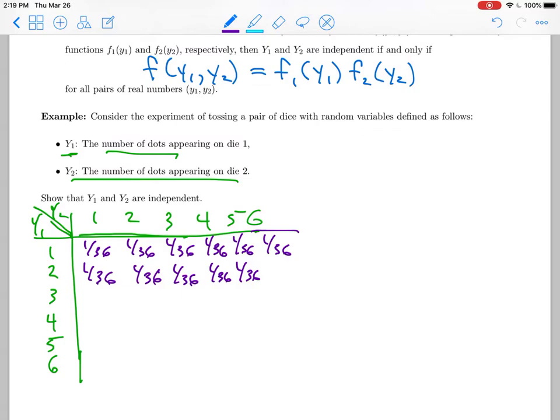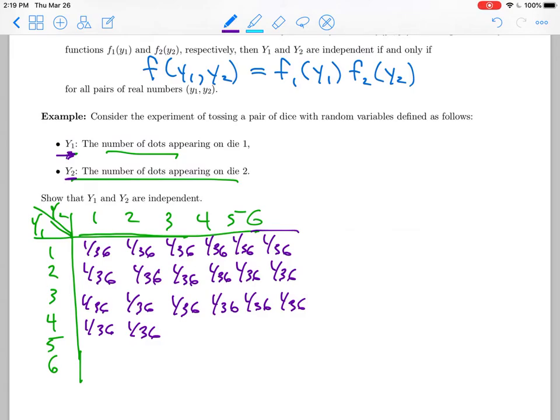There are 36 possible rolls of the dice that we could get, and we've described each one of those possibilities. So this one that I'm getting ready to write right here is rolling a 3 with the first die and a 2 with the second die. The probability of that happening is 1 out of 36. So everything in here is describing the joint probability function for our two random variables as defined up here.